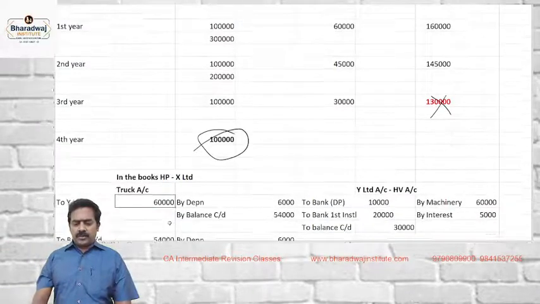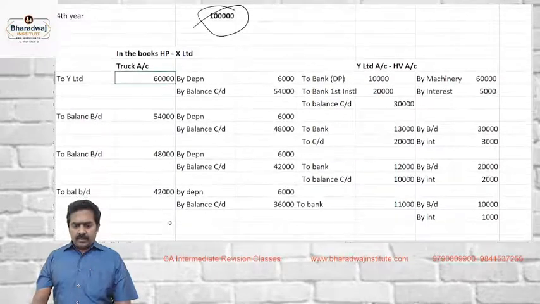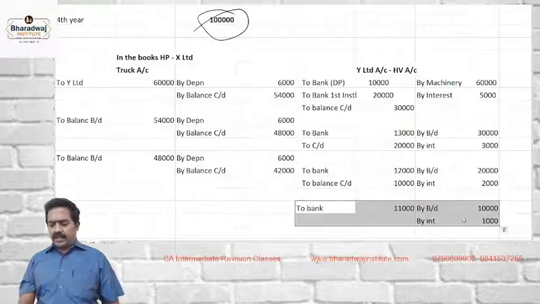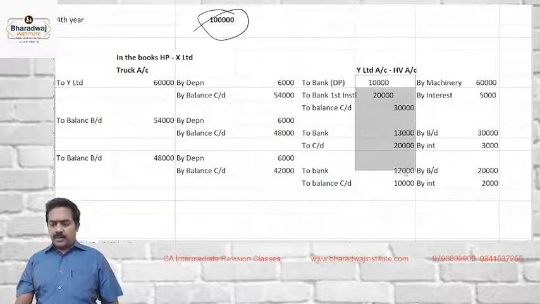Start the ledger accounts. So how many years will the ledgers come? 3 years only. In the fourth year the asset is going to be taken back. Only for 3 years you will be expected to prepare. Start.